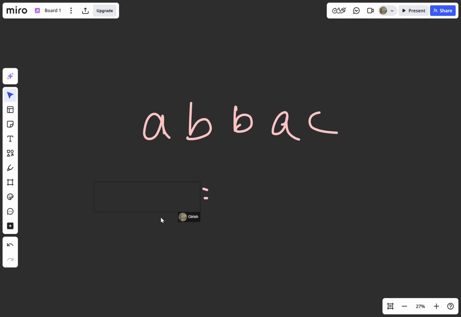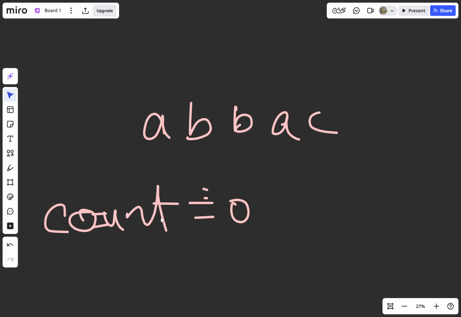This count variable will be initialized with 1. Our pointer will first point to the 0th index, and then we go to the 1st index. If this character is equal to the character on the previous index, we do count plus plus.